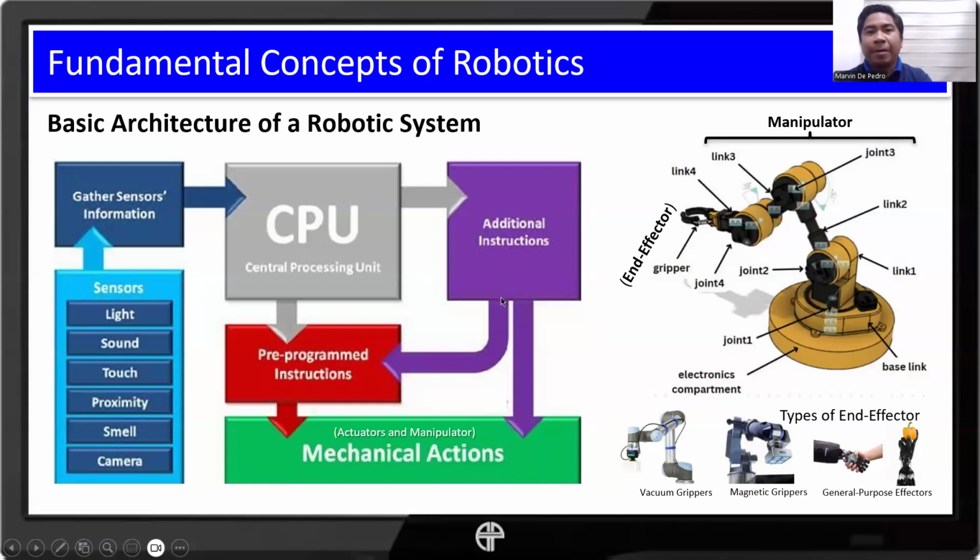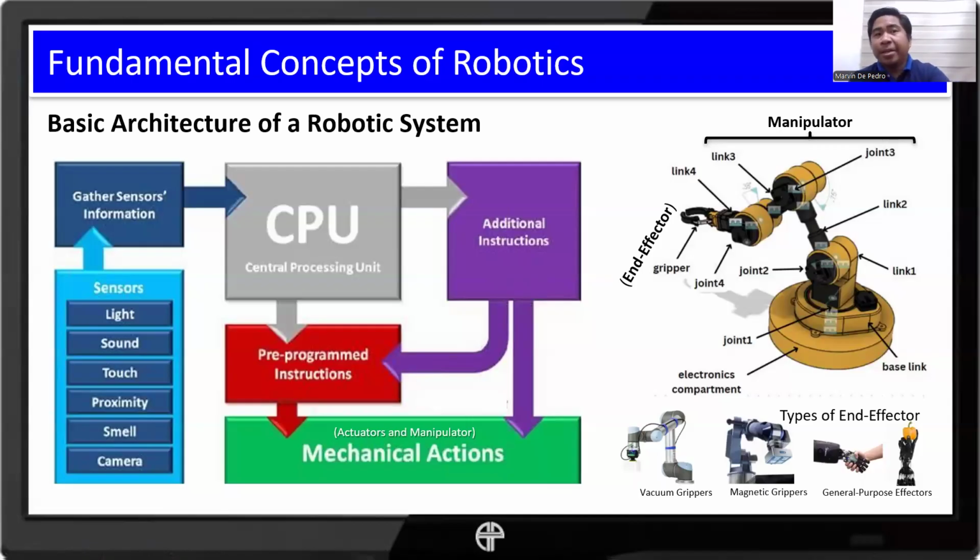For emergency actions, they are being executed immediately, while at the same time, those additional instructions are updating the pre-programmed instructions. So that's regarding the control part of our robotic system.